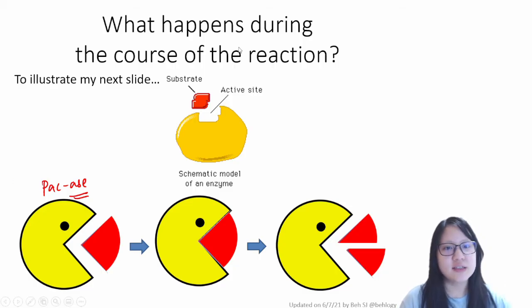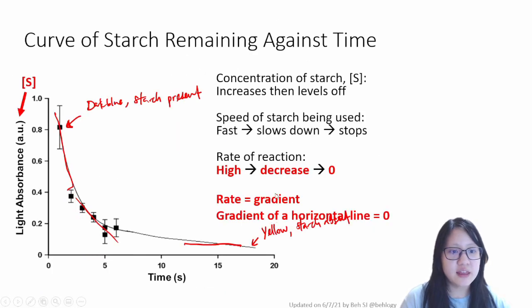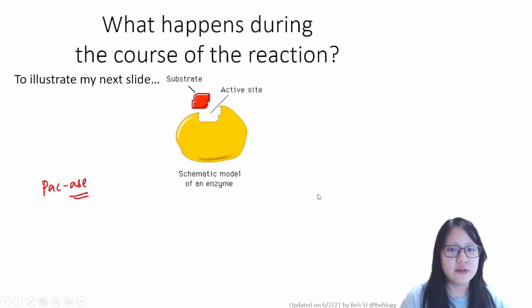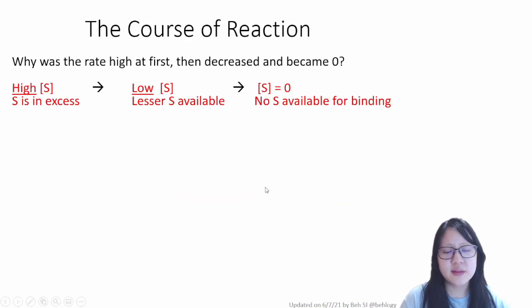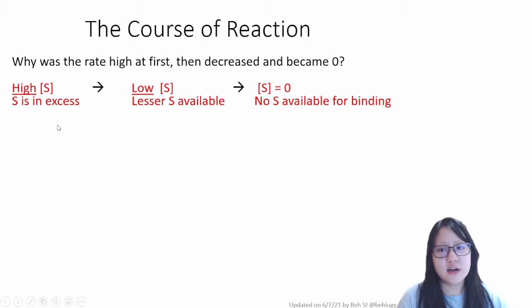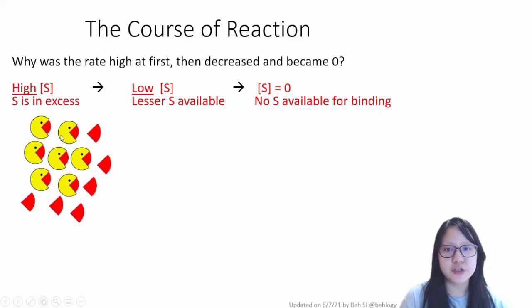Anyways, what happens during the course of the reaction to cause the rate to be high, and then decrease and go to 0? Right, what's going on there? Now, when the rate was high at first, in the beginning of the reaction, there is high substrate concentration. The substrates are in excess, so you have only so many enzymes. There's more substrates than enzymes, right?